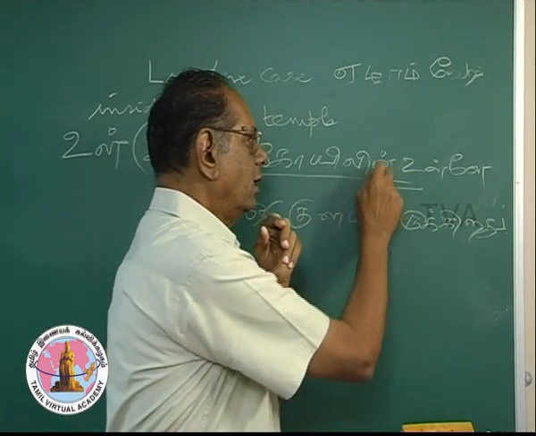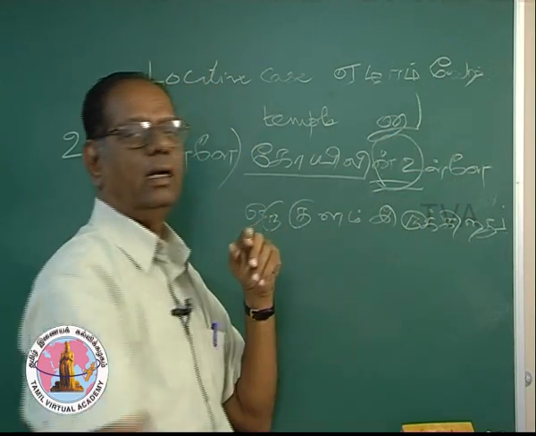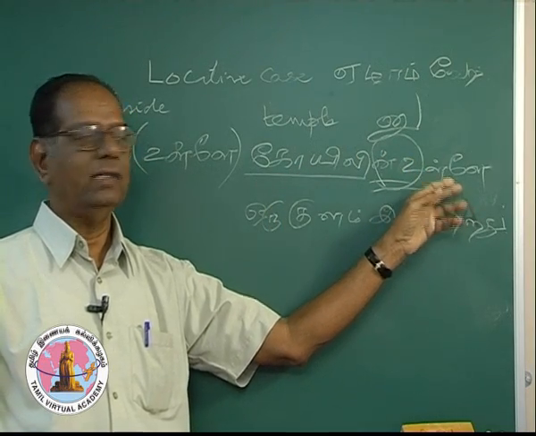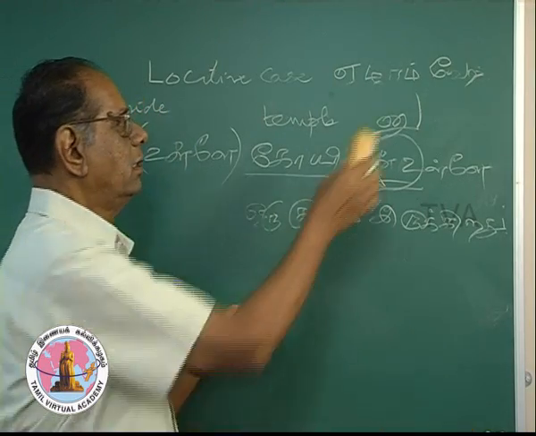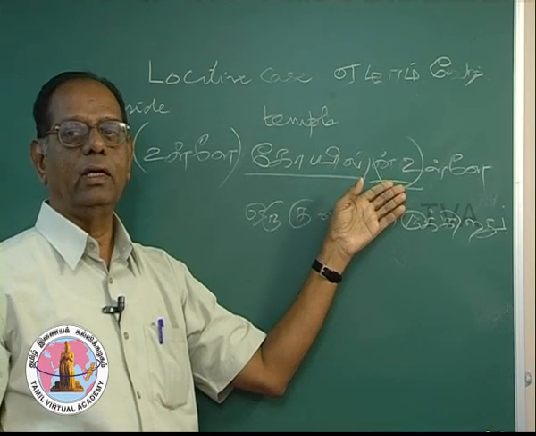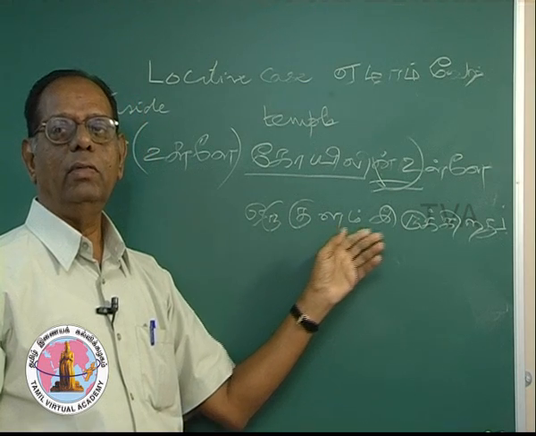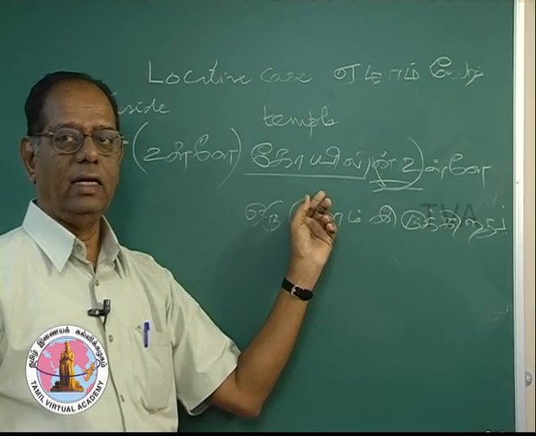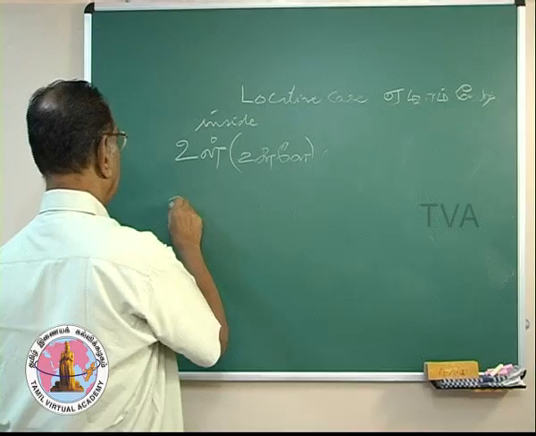So you can combine them and write கோயிலினுள்ளே. As this will be a difficult form, I would like to suggest that we will keep it this way. கோயிலின் உள்ளே ஒரு குளம் இருக்கிறது. குளம் is a tank. உள்ளே inside. கோயிலின் உள்ளே ஒரு குளம் இருக்கிறது.